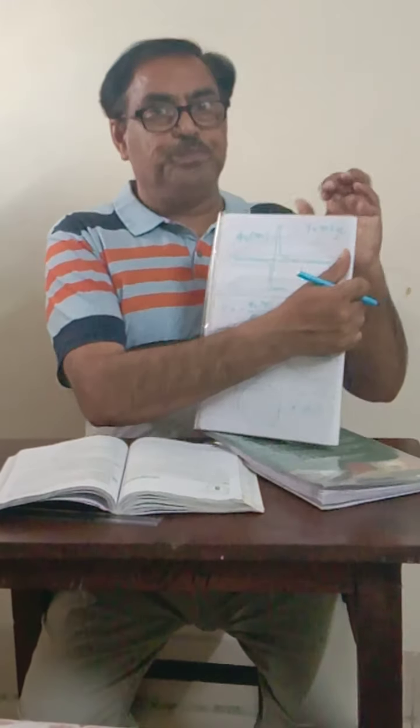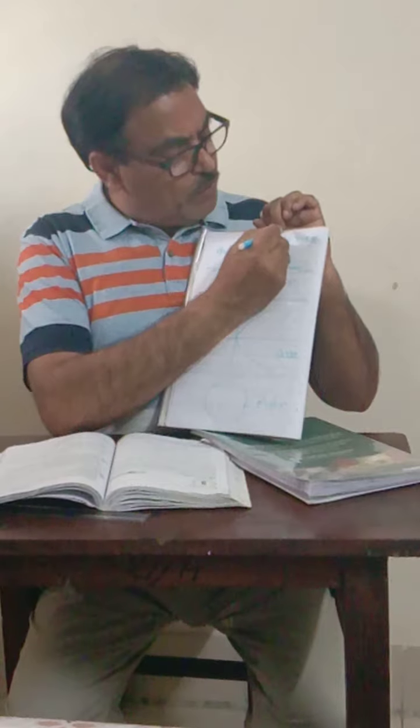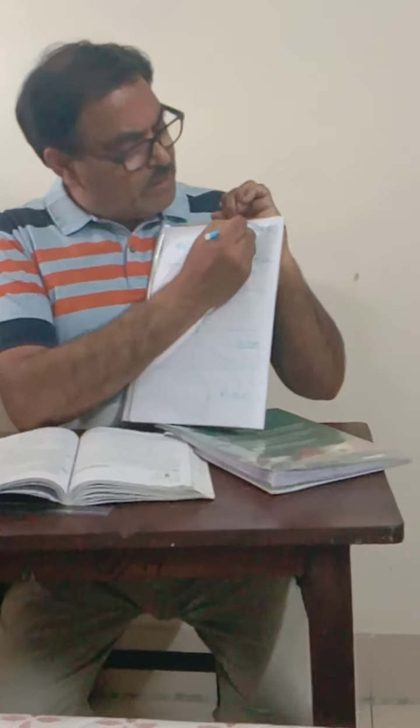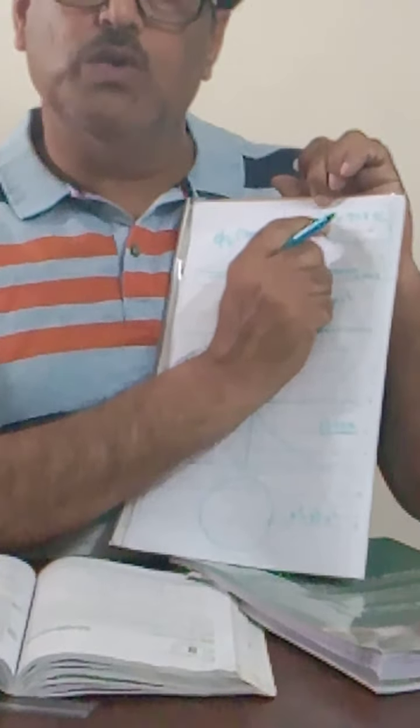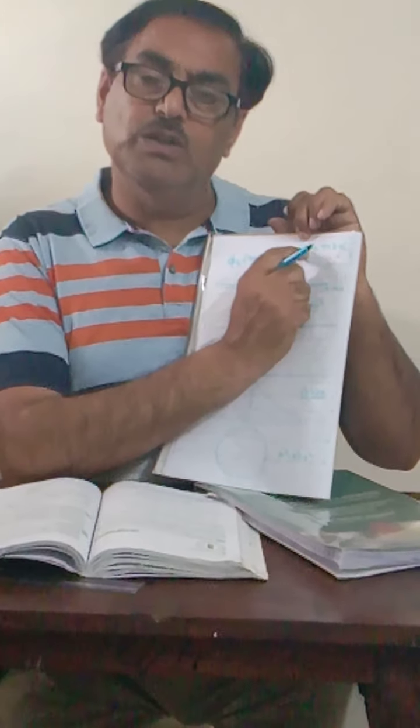Then put in the equation y is equal to mx plus c. Put m is equal to m1, c is equal to c1. Then the first asymptote is y is equal to m1x plus c1. Similarly, the second asymptote is y is equal to m2x plus c2.